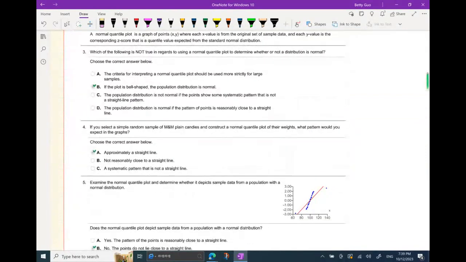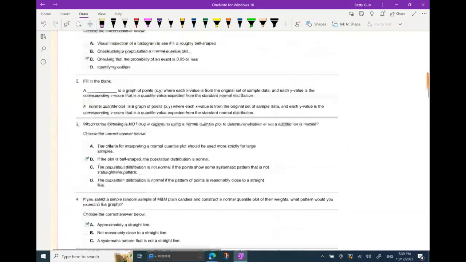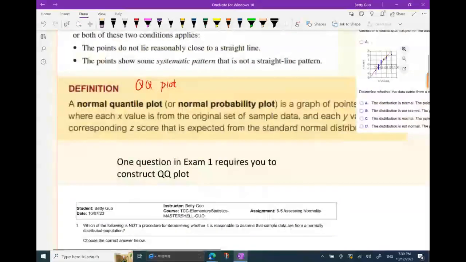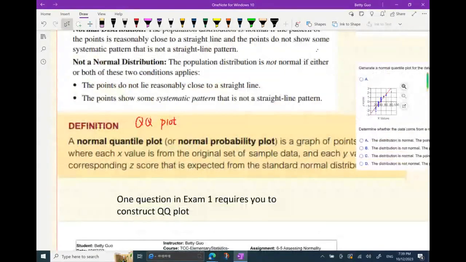They will give you the graph and let you determine if the population is normally distributed or not. However, your review has a question that requires you to construct the QQ plot based on the given sample, and then determine or assess the normality of the population.